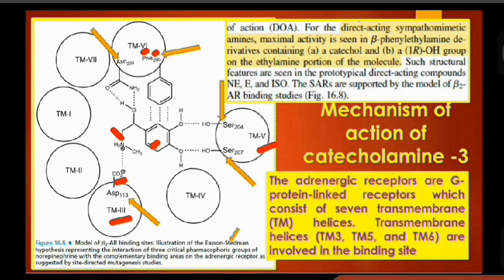So these 4 interactions are important, and above that the hydroxyl group which is present in the R position is again interacting with the carbonyl group of the asparagine and NH2 group.